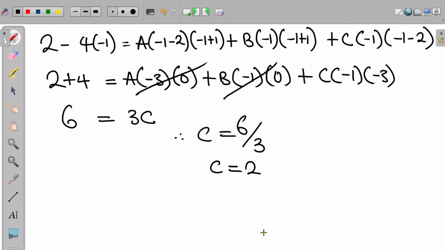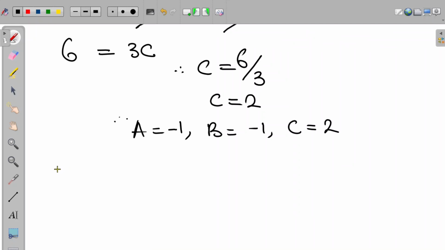Now, at this point, we have been able to obtain the value of A, which is equal to negative 1, B equal to negative 1, and C equal to 2.